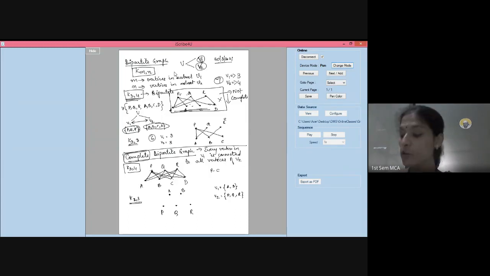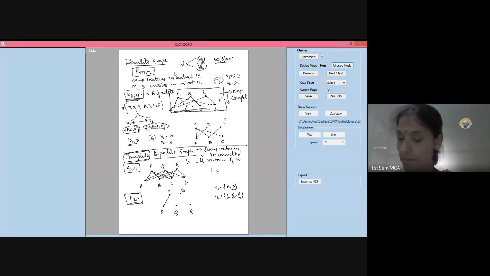Now if I have to draw the K2,3 complete bipartite graph, from every vertex of V1, all the vertices of V2 should be connected: A to P, A to Q, A to R, B to P, B to Q, B to R. That is how we should connect. Then we call it a complete bipartite graph.